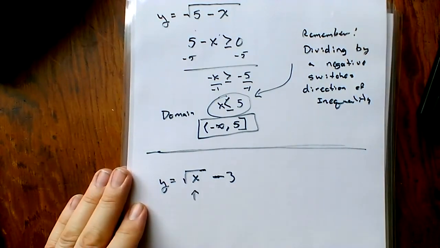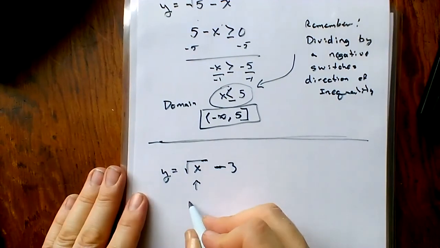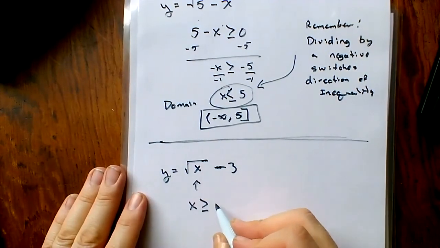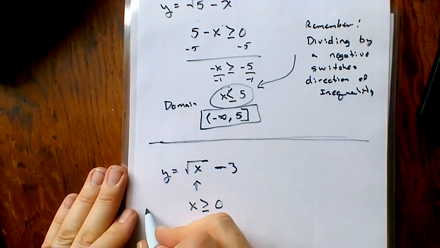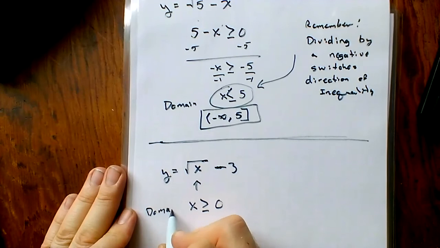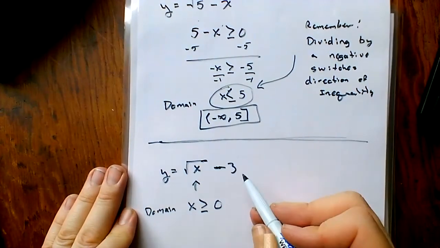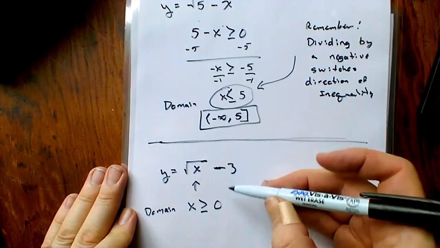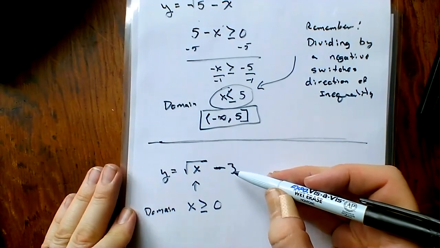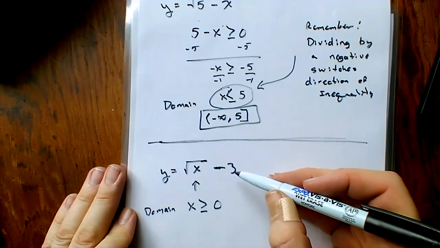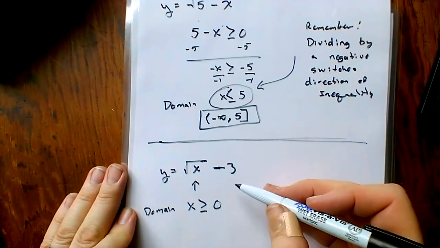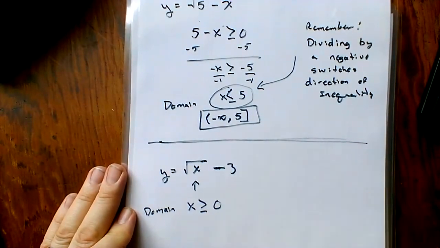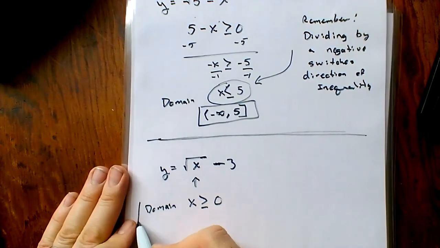Only that x is the radicand. So x has got to be greater than or equal to 0, and that's our domain. The minus 3 has more to do with the range. This is going to affect the range, the y value, more than anything.